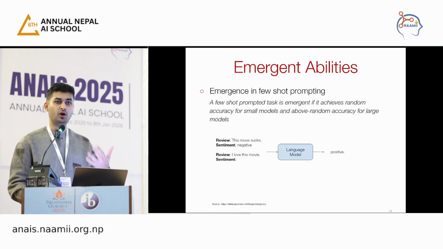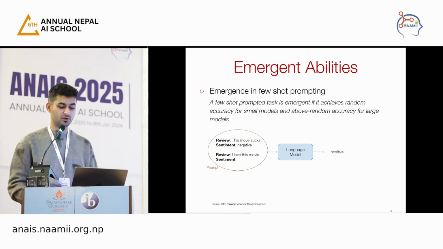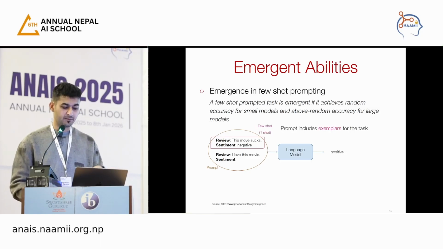Emergent abilities are understood through few-shot prompting. I guess all of us know what a prompt is. A prompt is the input that we give to a language model, for which it generates next tokens, and it keeps on generating until it encounters an end-of-sequence or similar token. Few-shot means the prompt includes exemplars for the task.